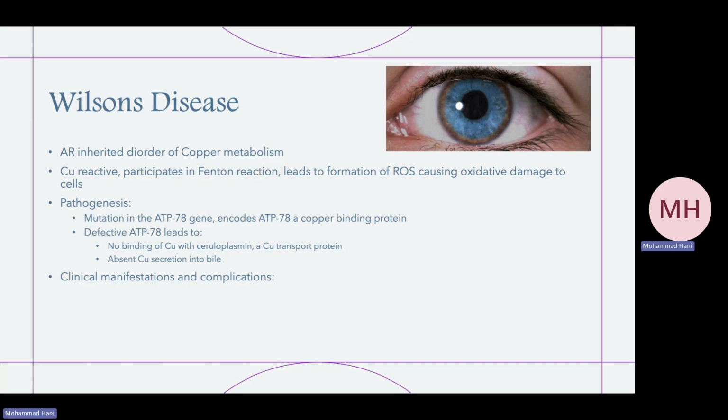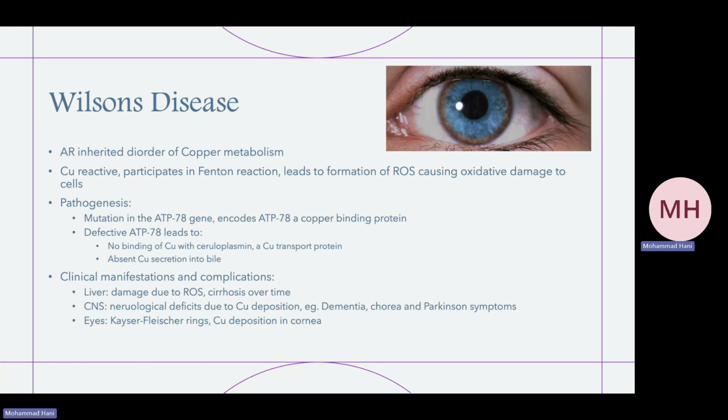And the clinical manifestations that you see within the liver are ROS formation and damage to hepatocytes, and over time liver cirrhosis. In the CNS, we get neurological deficits due to copper deposition, such as dementia, chorea, and Parkinson's symptoms.